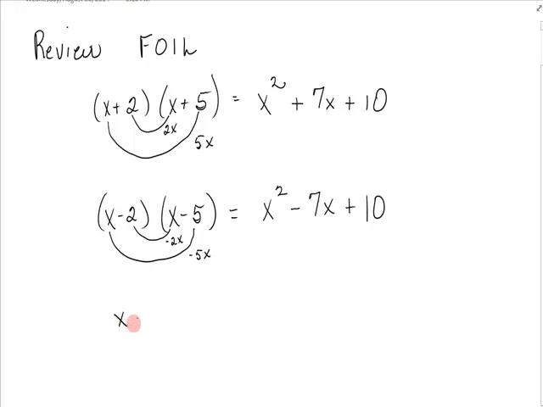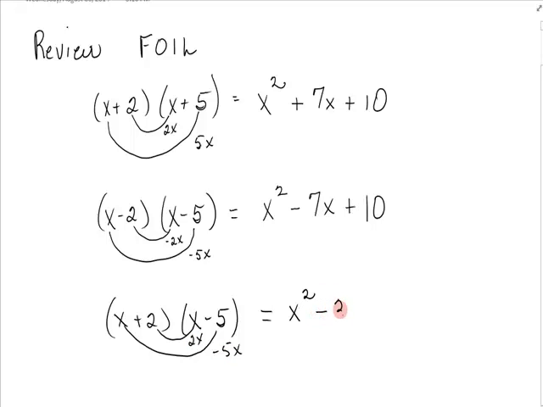What if I had x plus 2 times x minus 5, where the signs are not the same? The product of the first, x times x, is x squared. The outer product is minus 5x. The inner product is positive 2x. Because one of them's positive and one of them's negative, I actually subtract them and keep the sign of the bigger.